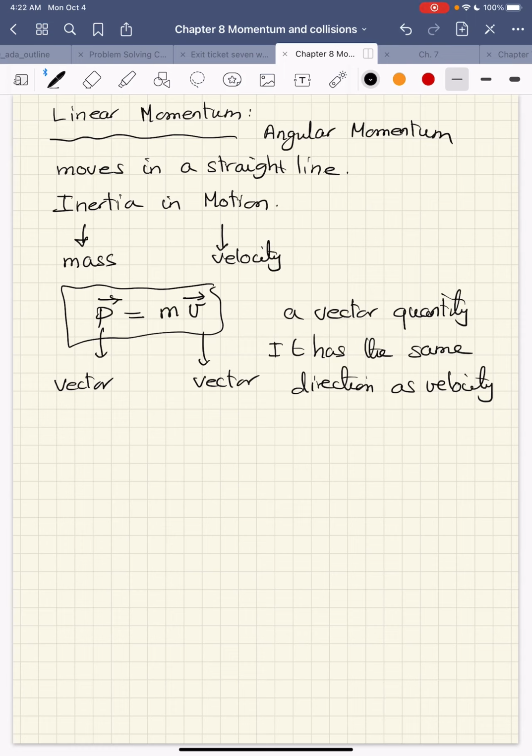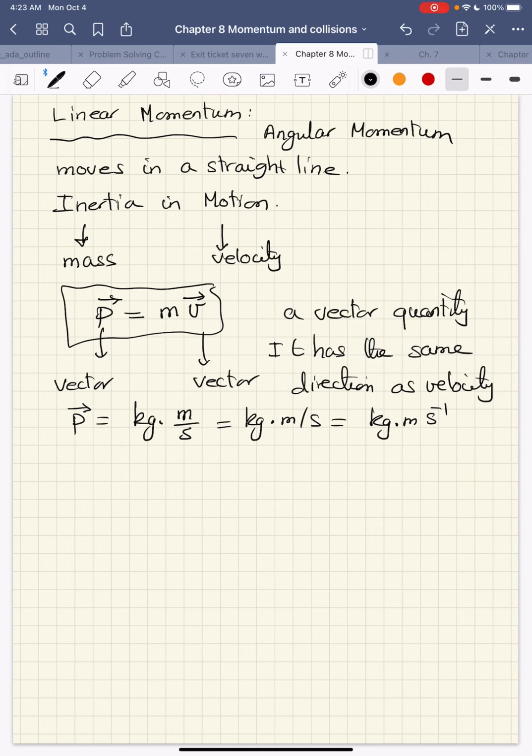To calculate the units of momentum, P is mass in kilograms times velocity in meters per second. This is the unit used for momentum. It doesn't have a special name, and it can be written like this.